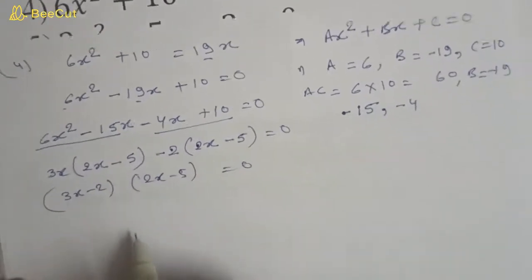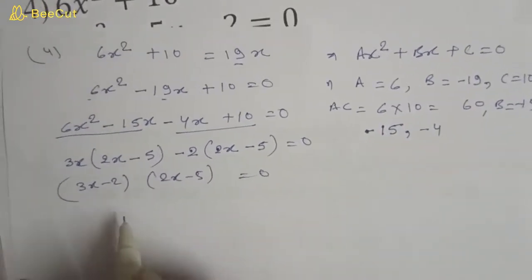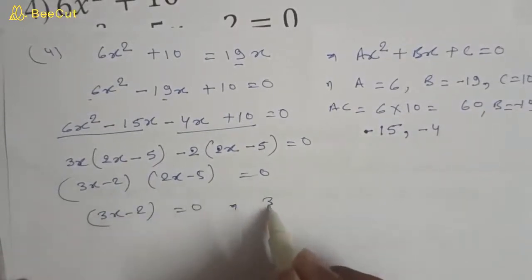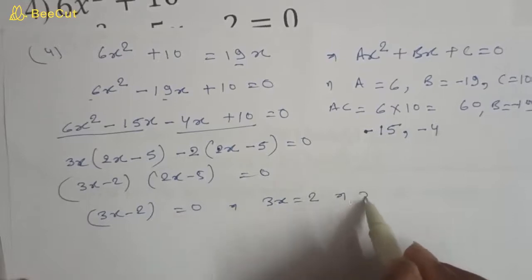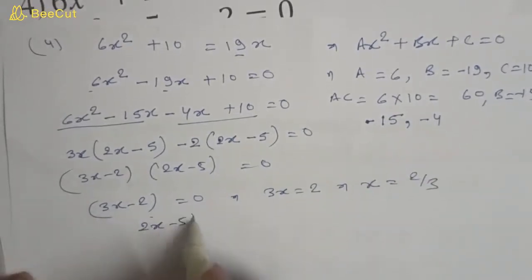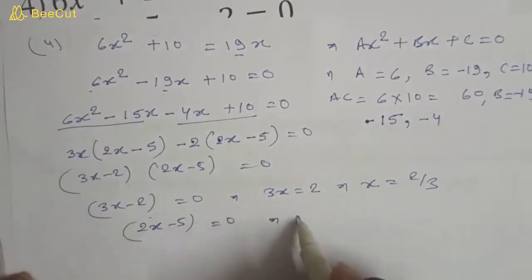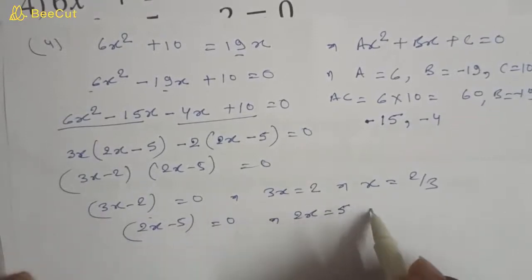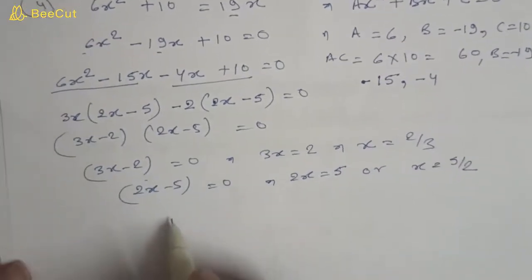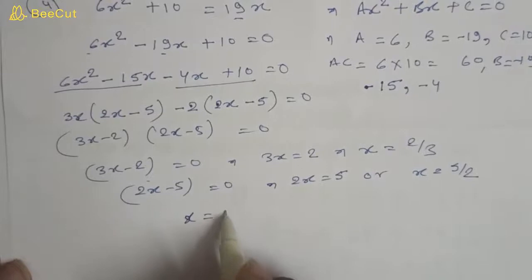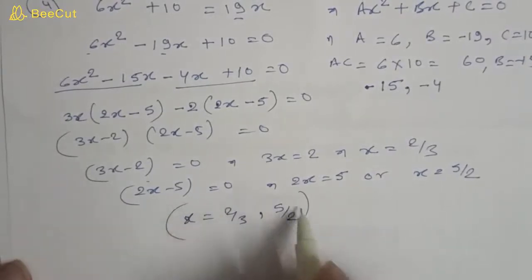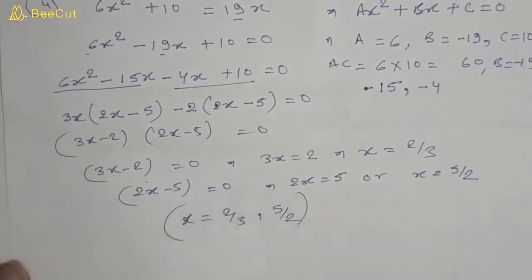So we can write 3x minus 2 is equal to 0, or 3x is equal to 2, or x is equal to 2 by 3, and 2x minus 5 is equal to 0. So we will get 2x is equal to 5, or x is equal to 5 by 2. The solution of this quadratic equation is x is equal to 2 by 3 and 5 by 2. These two are also the roots of this quadratic equation.